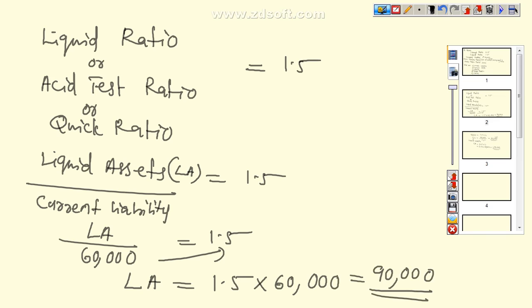Now, what is the formula for calculating liquid asset? Liquid asset is equal to current asset minus stock. Normally we deduct stock and prepaid expenses, but in this question there is no information related to prepaid expenses, so we deduct only stock. So we assume stock is the only non-liquid asset according to this question.